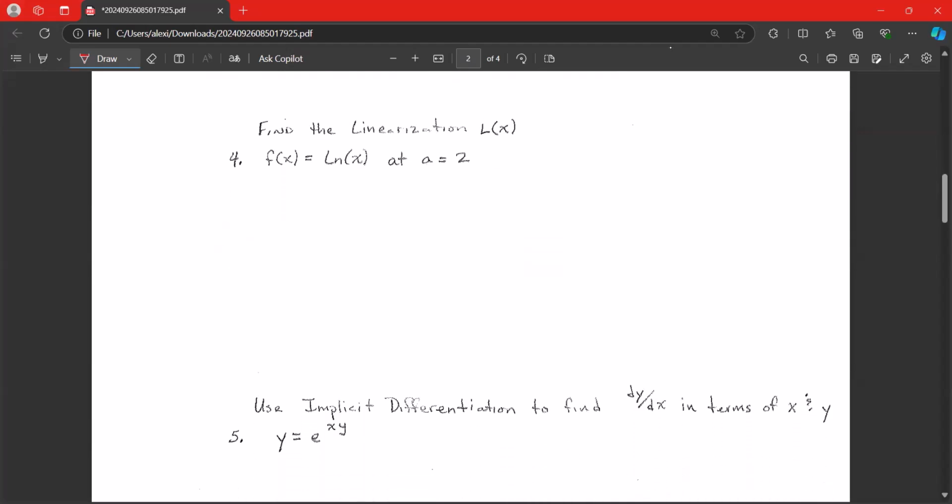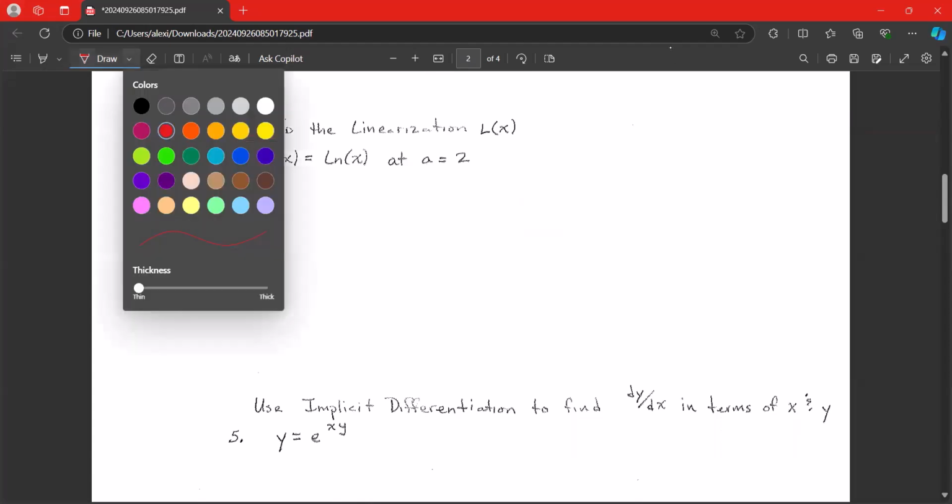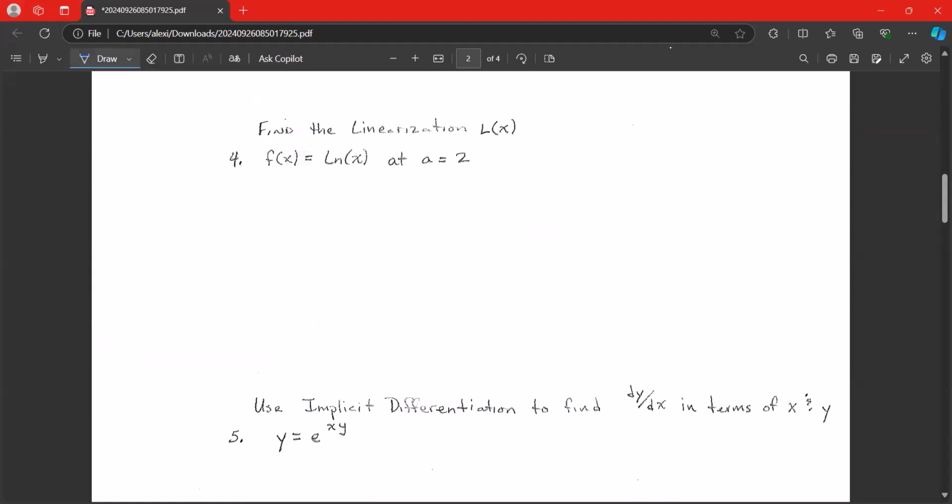For number 4, we have to find the linear approximation. So let's go ahead and write out the general form of it. And then let's find all of our pieces that we'll need. So a is equal to 2, f of x is equal to ln of x.